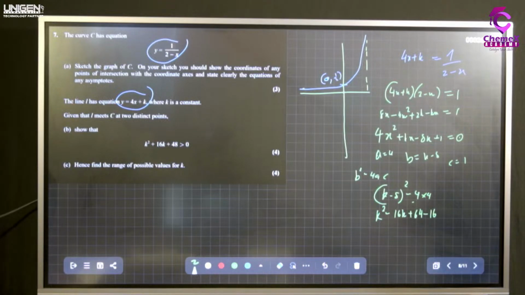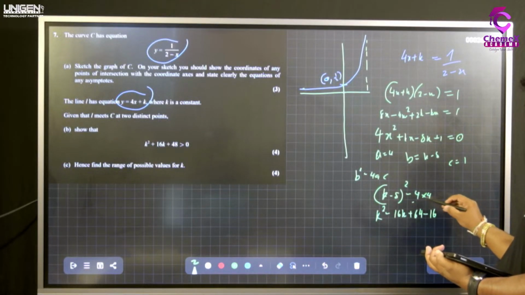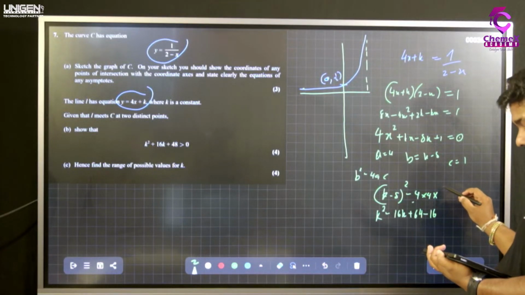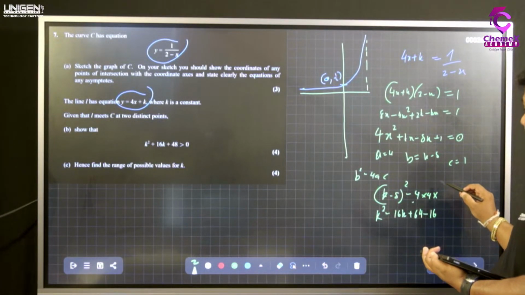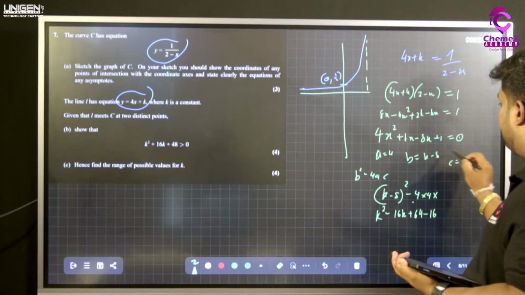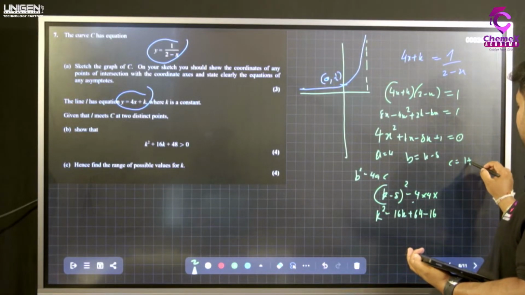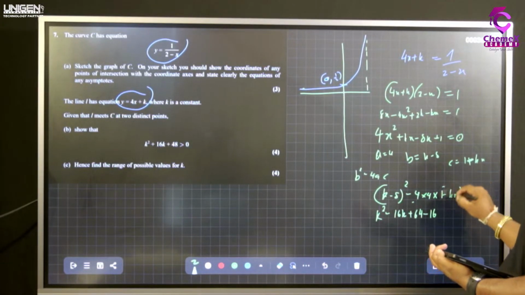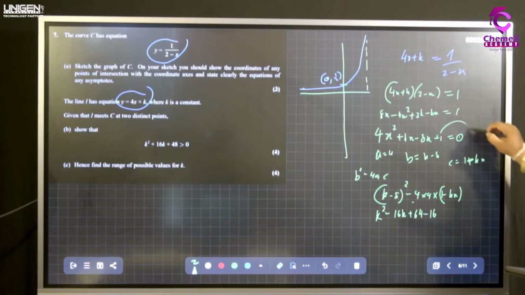B square minus 4ac. C is how much? Is c 1? No. C is going to be 1 plus 1 minus 2k, because we take this to this side.